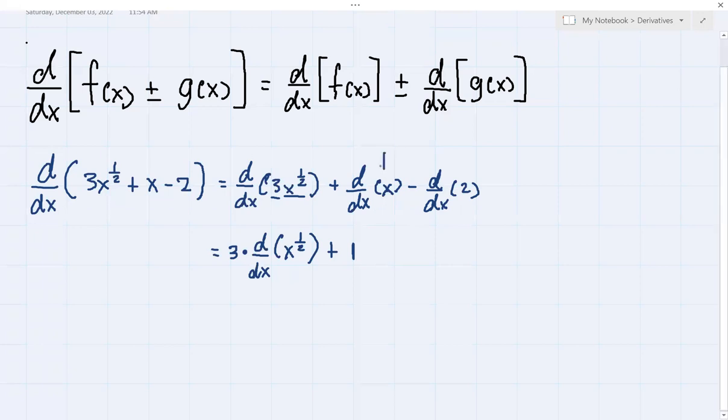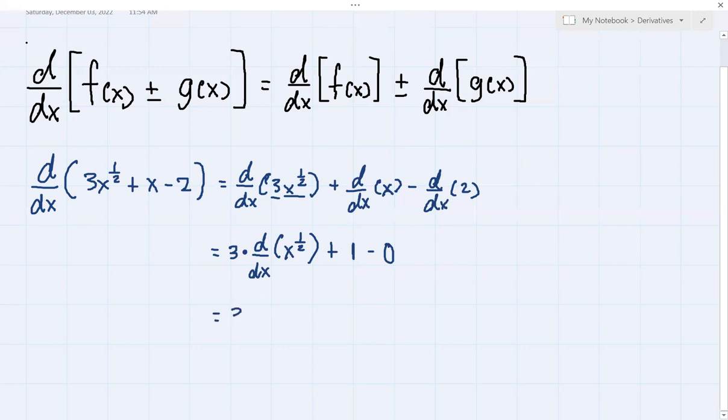Anong constant meron dito sa x? Di ba 1? So, magiging 1x or 1 times x. So, anong derivative ng 1 times x? The answer is 1. Okay? Now, last but not the least, minus the derivative of 2. Si 2 ay isang constant. So, anong derivative ng constant term? The answer is 0. Okay?